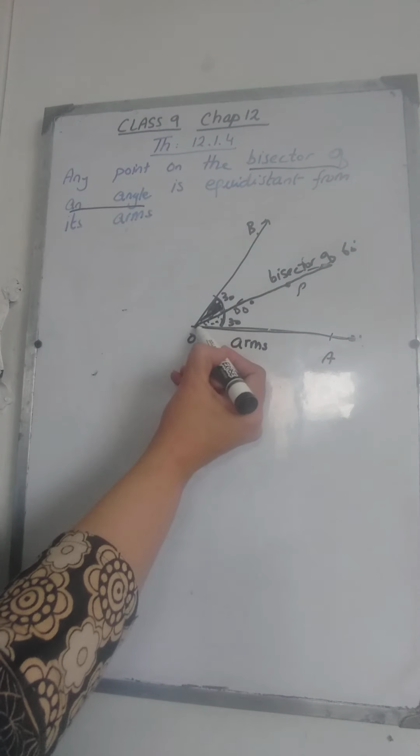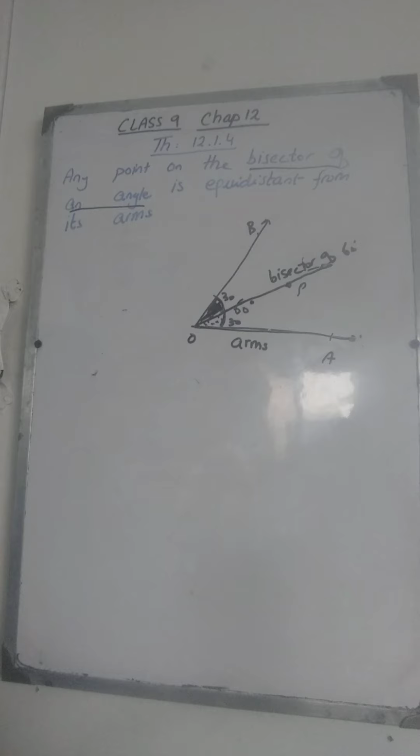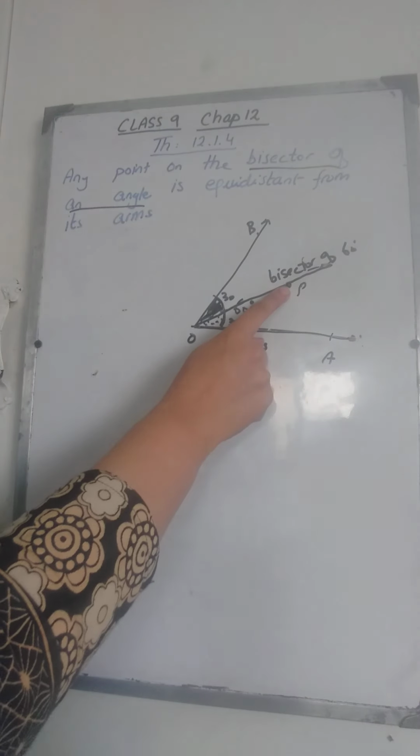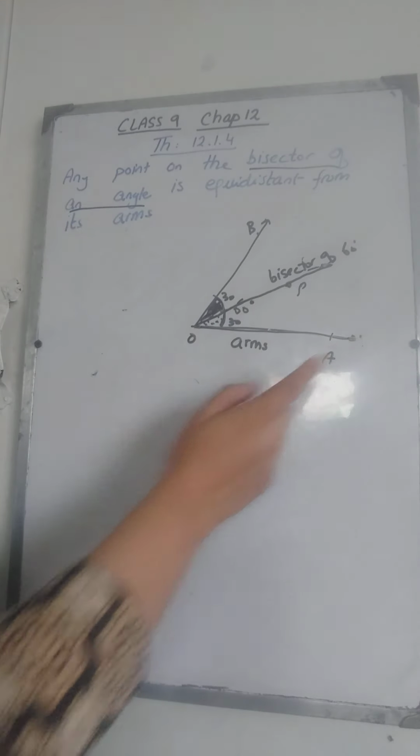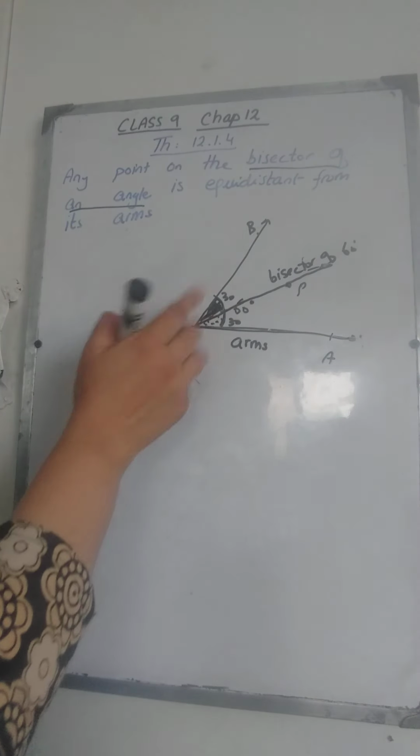This is the bisector of the angle, and the point that we are talking about is on the bisector of the angle. Now we need to prove that the distance of point P from the arms, from OA and from OB, will be the same.